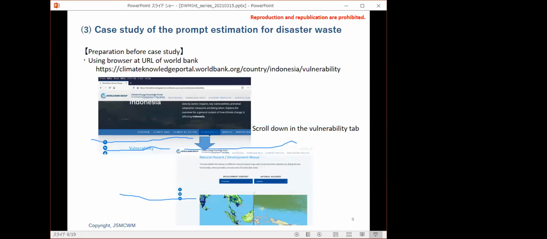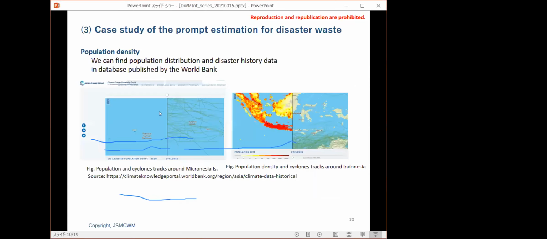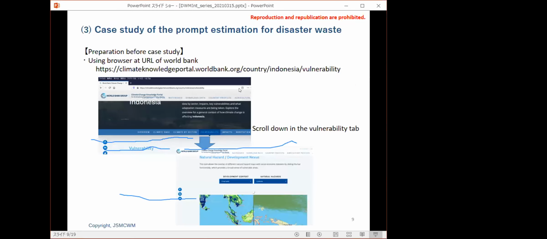Okay, so from now we try a case study for the estimation of population density and drawing the affected area.